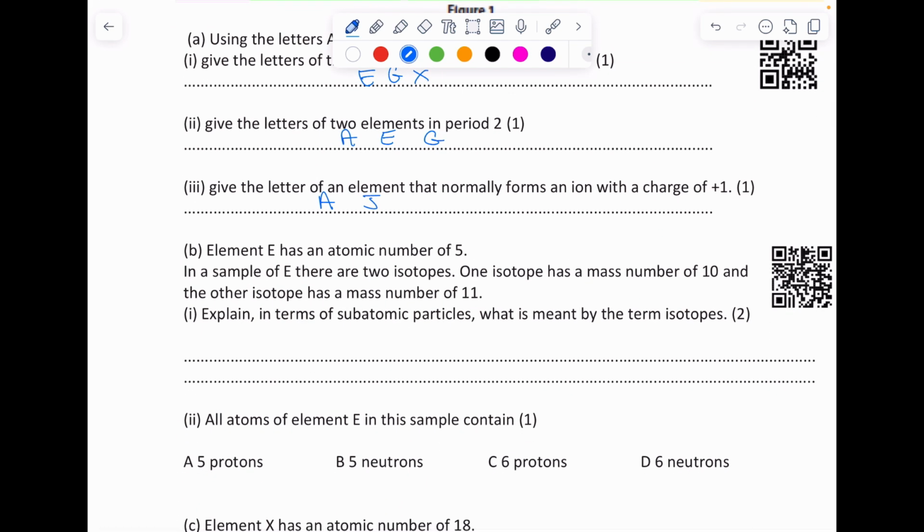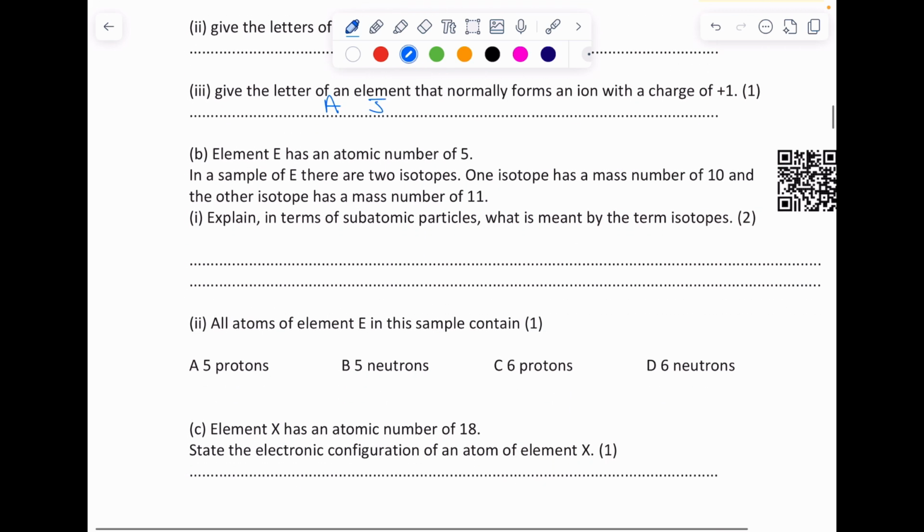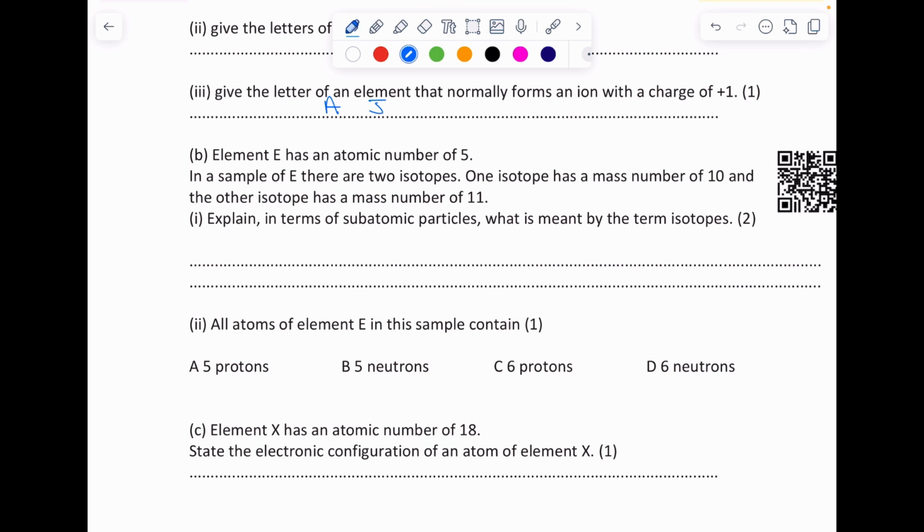These are isotopes. Explain in terms of subatomic particles what is meant by an isotope. So what we need to say here is that they have the same number of protons.